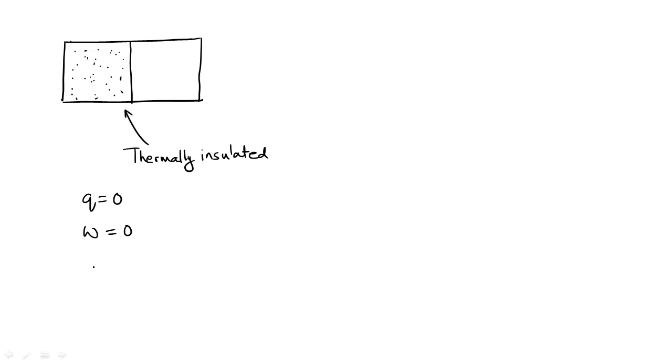So from the first law of thermodynamics, the change in internal energy of the gas is also 0. So here is a really interesting process. There is no heat absorbed, no work done, no change in internal energy. Yet, this process is spontaneously happening.